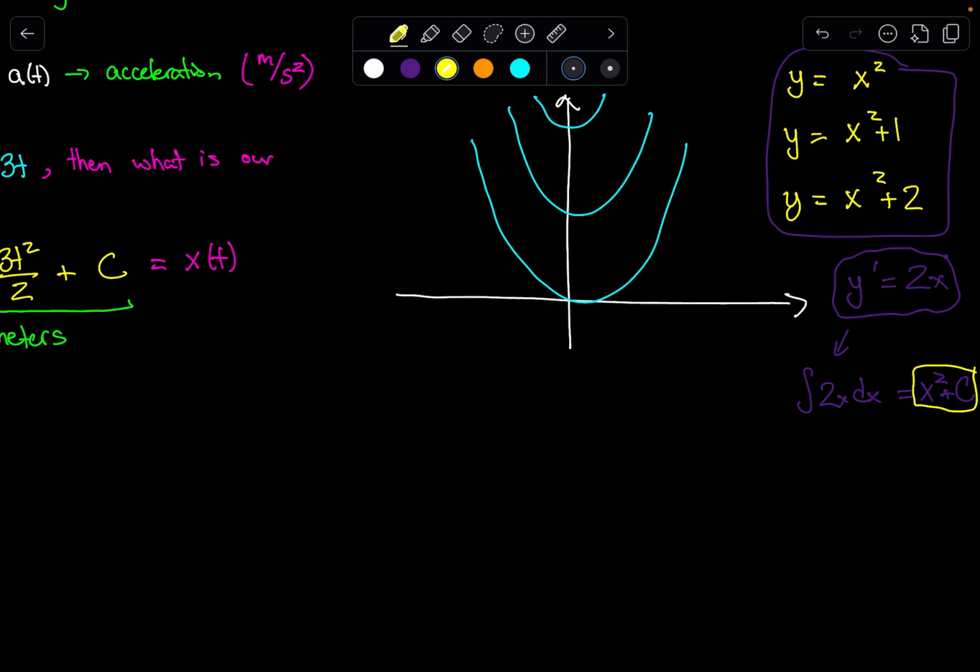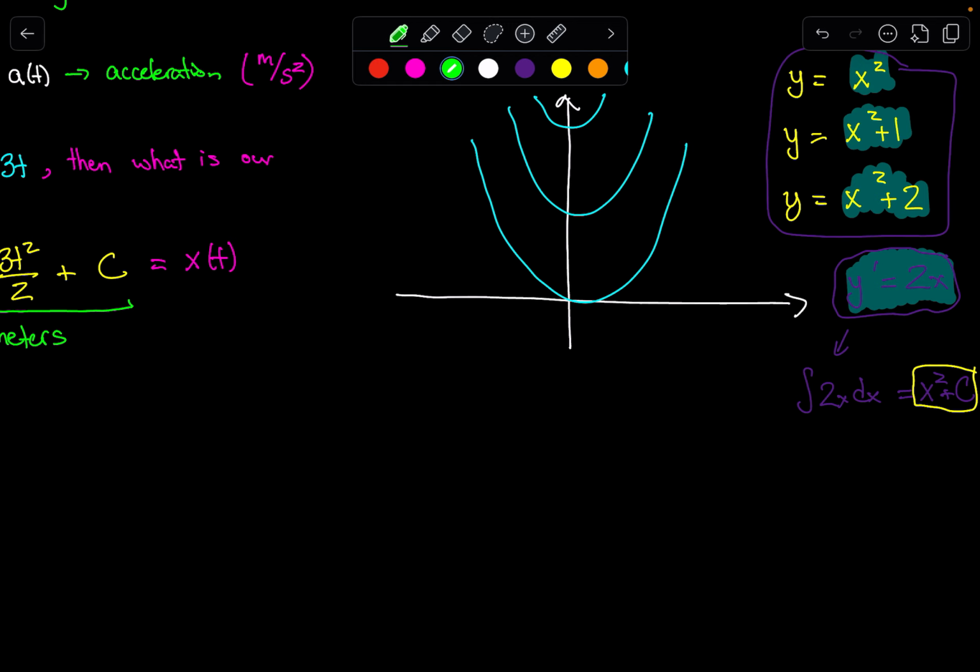Another way of thinking about this is, remember, the derivative represents the slope of our function, right? And you'll notice that no matter which of these graphs I'm looking at, whether it's x squared plus 1 or x squared plus 2, they all have the same slope.